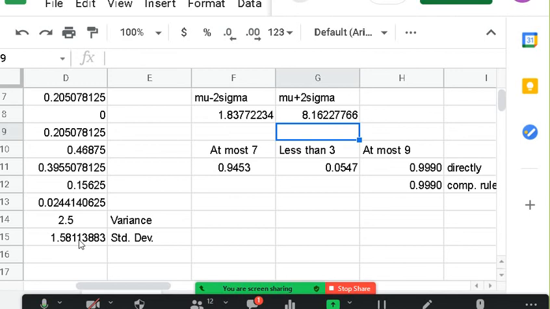Are there any other unusual values? 9 and 10. Yeah. So anything outside this range. Now, obviously, you can't have 1.83 baby girls, but it still just gives you a cutoff. And what that cutoff doesn't include are values of 0 and 1. And on the other side, 8 doesn't include 9 or 10. So those would be the atypical values there.